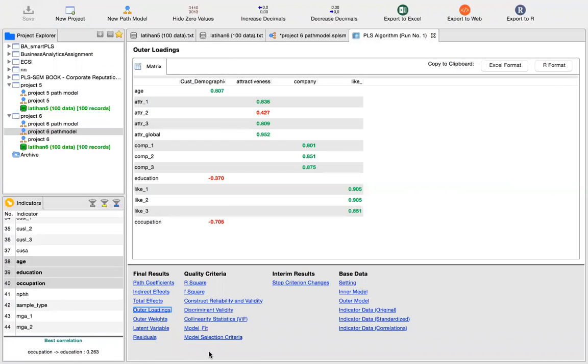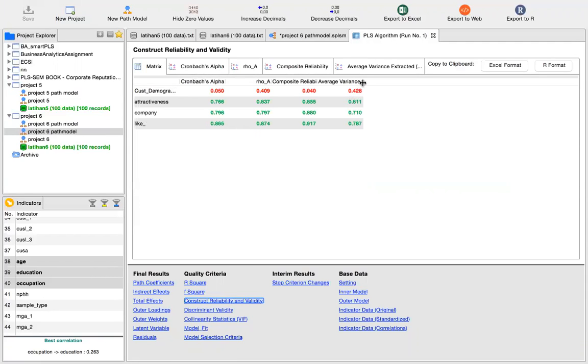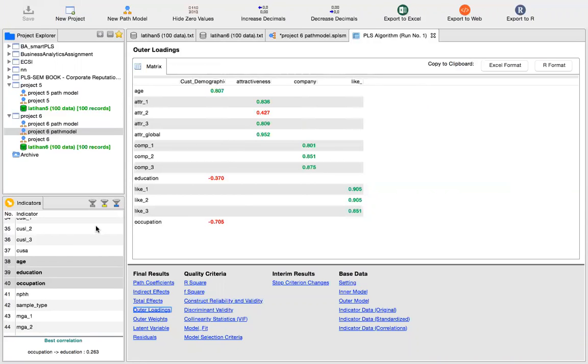But before that, we have to check our average variance extracted, or the AVE. As we can see, there is one AVE that is below 0.5. If it is below 0.5, we must delete 1 or 2 items from the outer loadings.